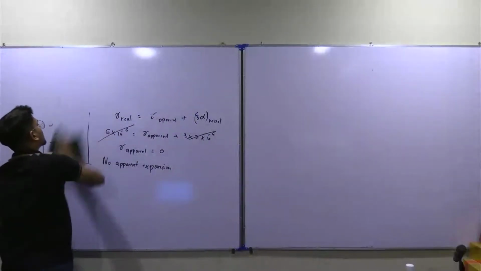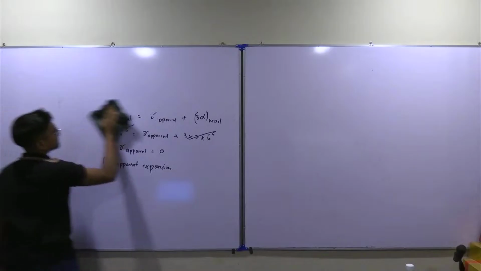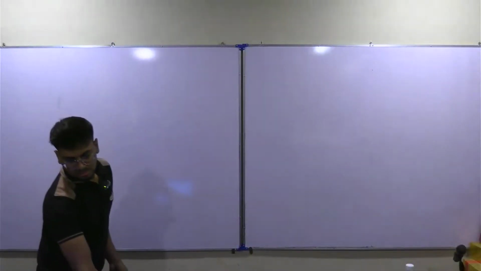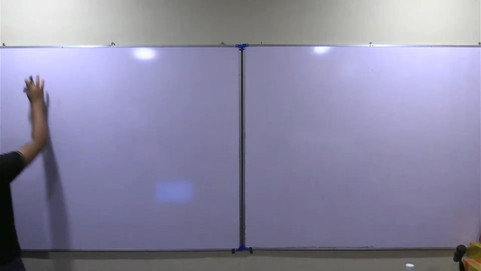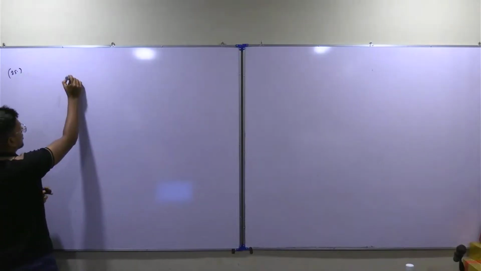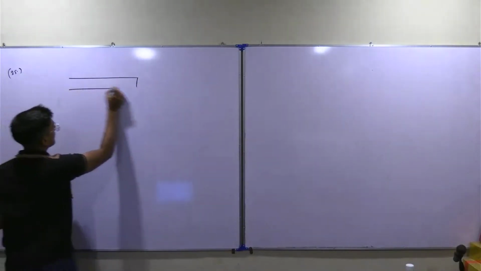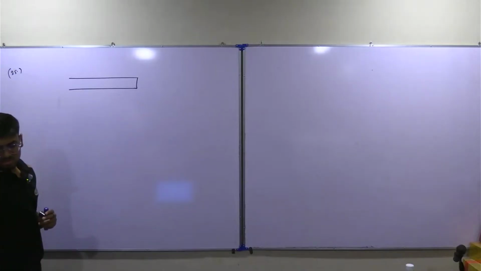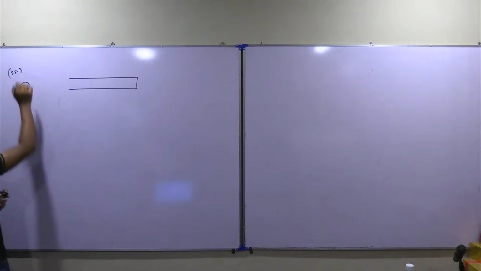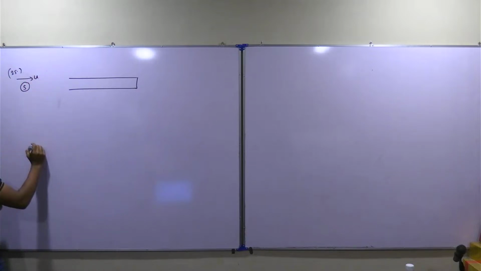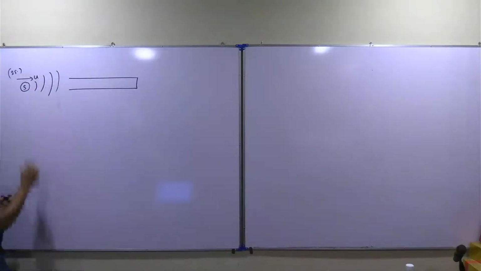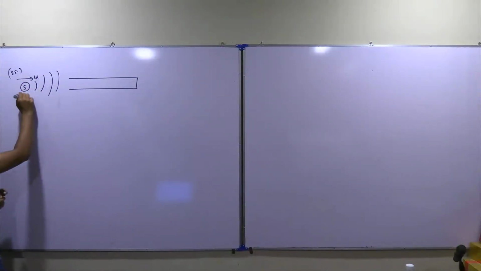The 25th question. There is a closed tube. The length of the tube is not given. There is a sound source S which is traveling in this direction with a velocity u, and it emits a sound of frequency Fs, that is given.